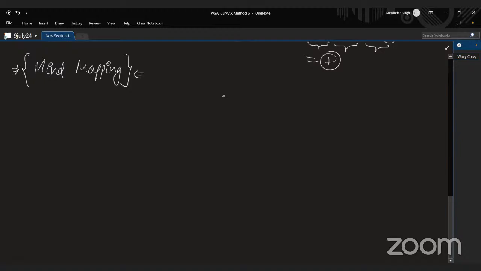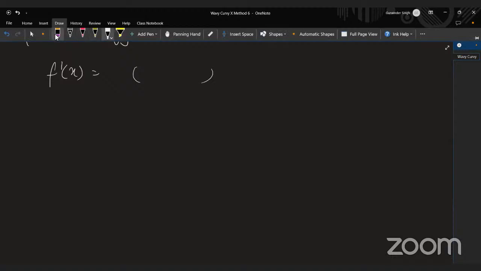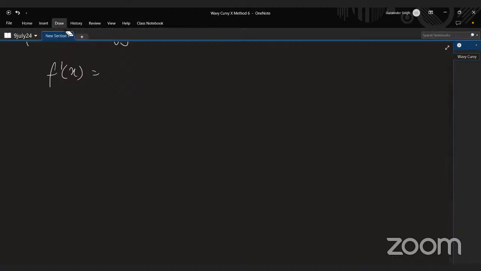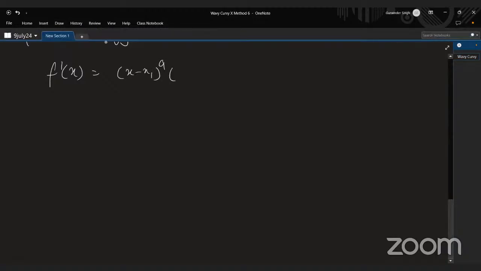So what happens is, for example, you get a function whose derivative comes out to be something like this. It turns out to be of this form.